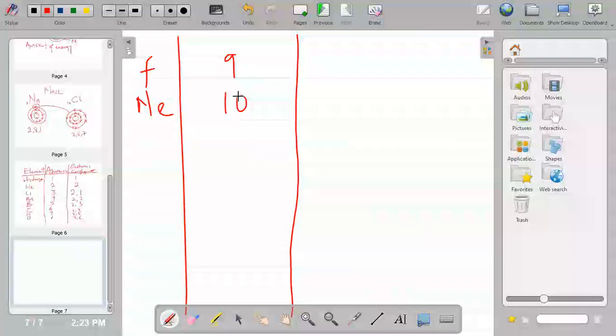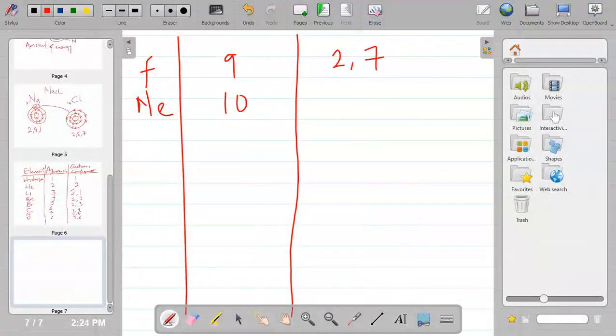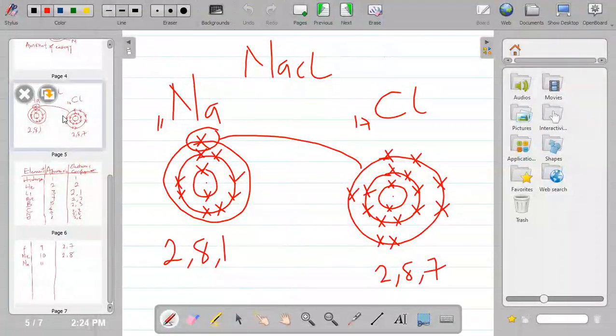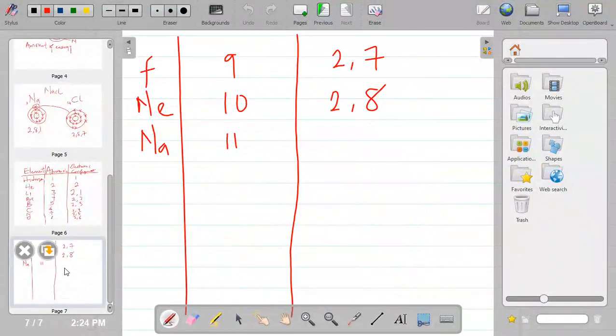Fluorine, we have 2, 7. Neon, we have 2, 8. Now we have sodium, which is 11. And from what we had earlier here, we know that the L shell can take a maximum of 8, hence the extra electron will transfer to the next shell. And sodium is 2, 8, 1.